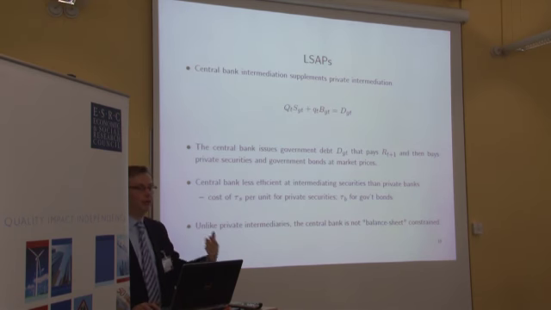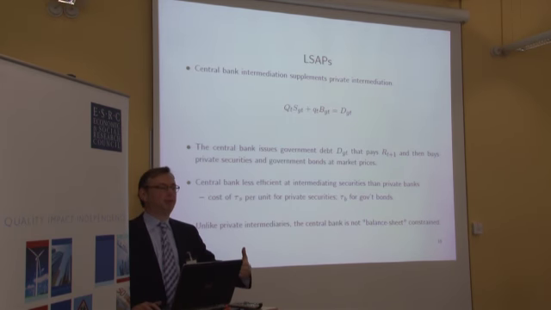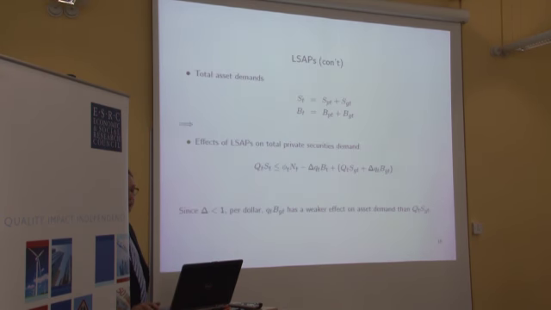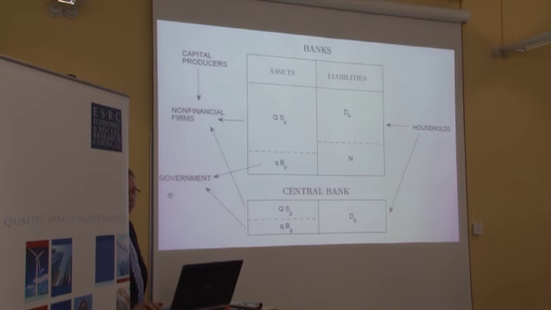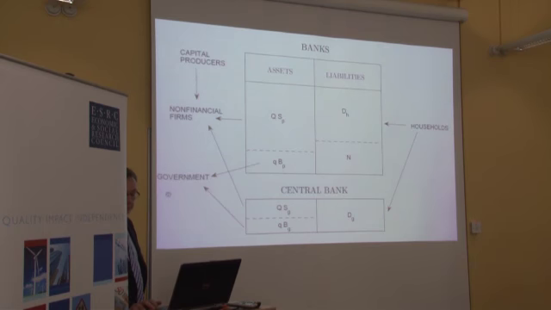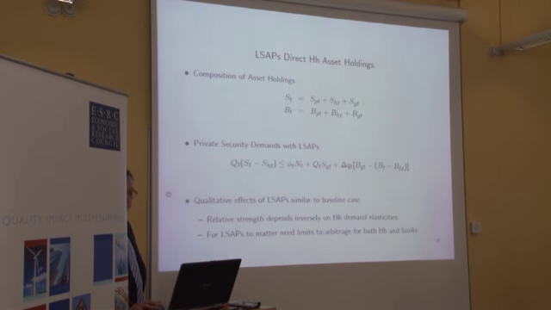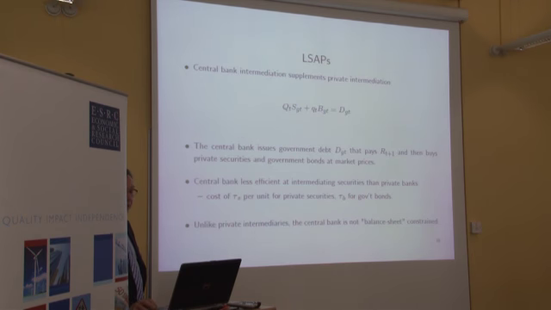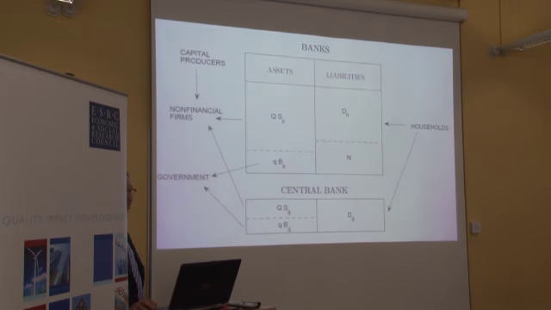Private banks may be limited by their capital and the amount of arbitrage they can do. So the central bank can step in. I guess a picture will tell the story.